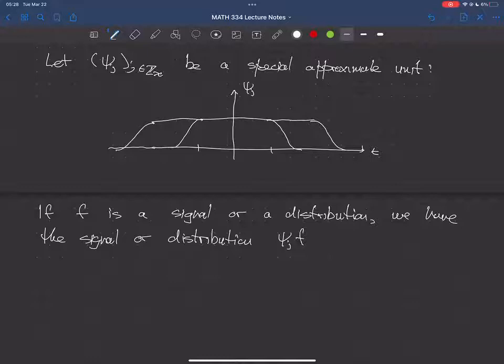If it's a function, then this just means standard multiplication. And if f is a distribution, this means multiplication of a distribution by an infinitely differentiable function, and we know how to do that.